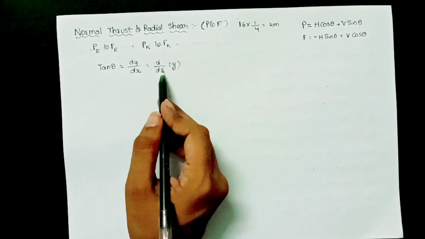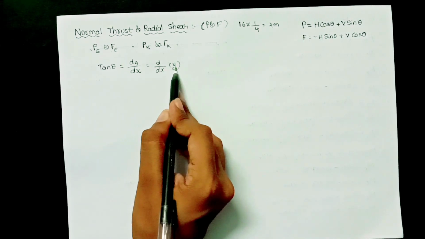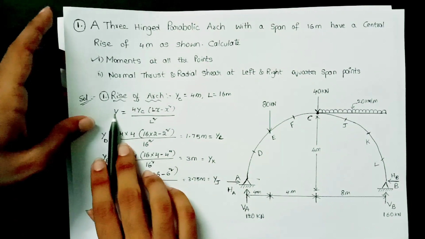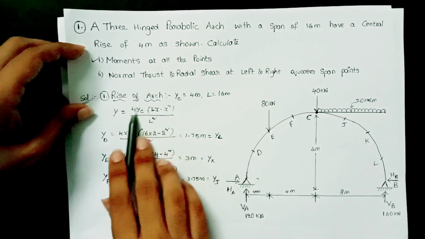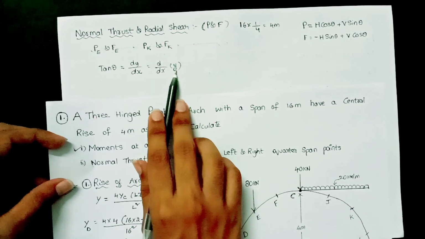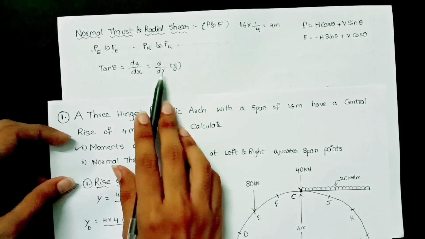Okay, this is the actual meaning of dy by dx, d by dx of y. So in the first step I have written the formula of y. This is the value of y and this value is to be substituted in this place and I have to apply differentiation with respect to x.